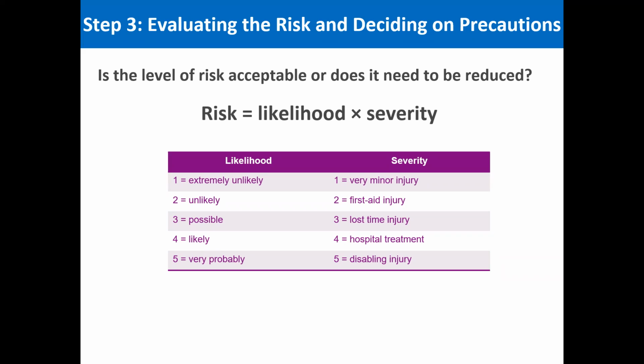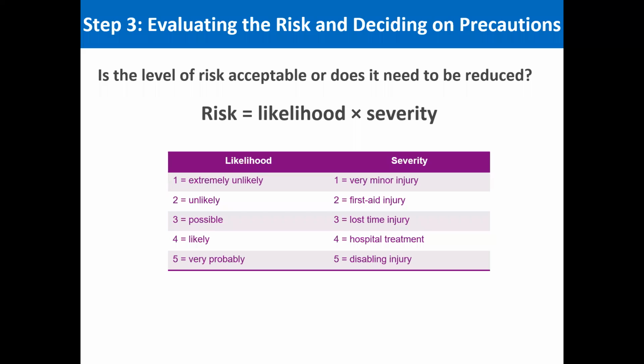Now, when you evaluate the risk, you need to give a certain rating to the risk. As we discussed, there are two parts, likelihood and severity. We will give a certain rating to likelihood and a certain rating to severity. One of the most common methods used is to give a rating from 1 to 5 to likelihood and a rating of 1 to 5 to severity.